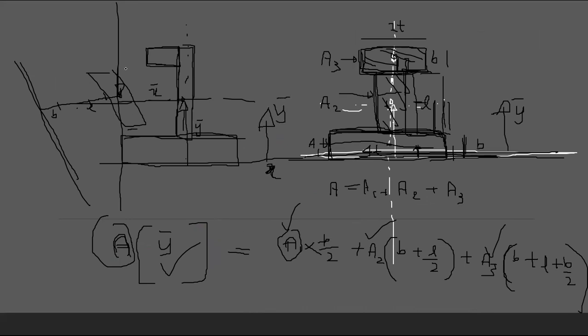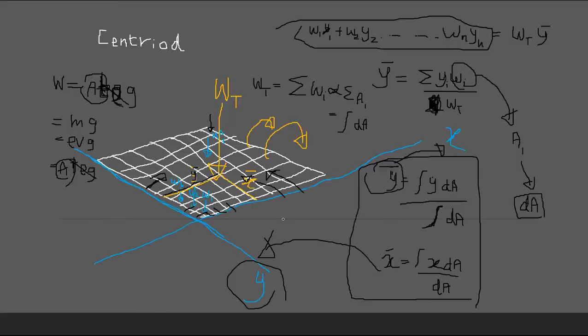If you take about the y-axis, you have x bar. So nothing else changes; this equation is fundamentally okay. The only thing is you have to switch the axis, right?